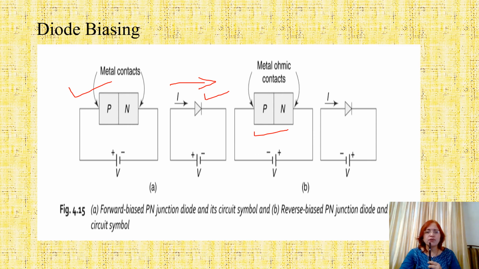The direction of flow of current is in the opposite direction. Reverse saturation current will flow in this direction. This is not the direction. So reverse current will flow in this direction. This is the reverse current IR and this one is the forward current IF.